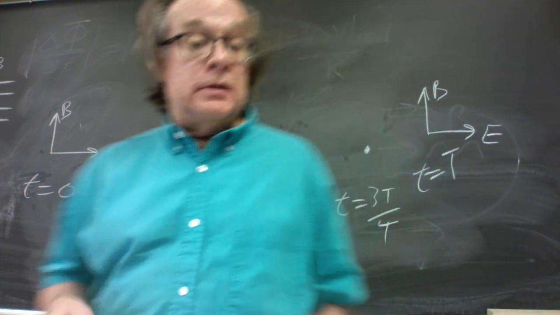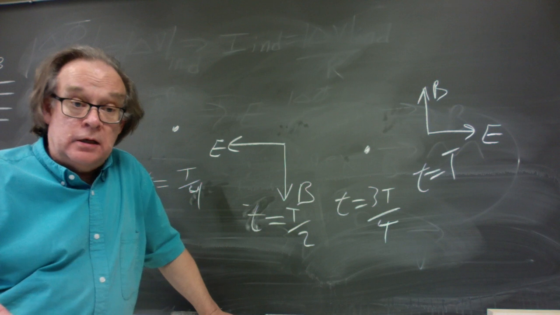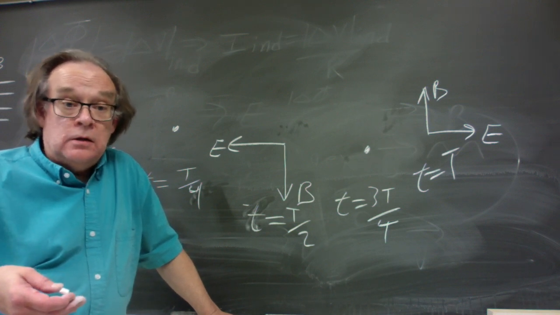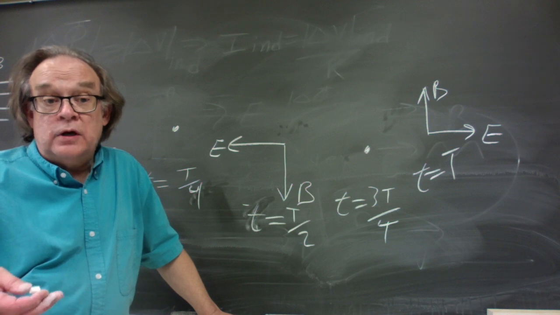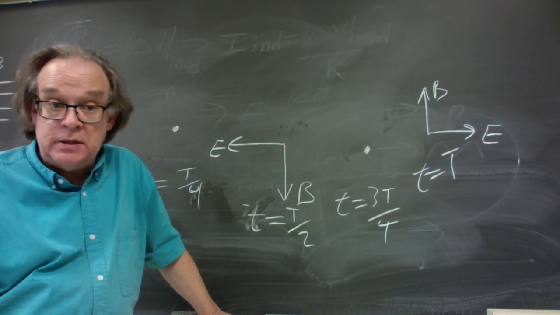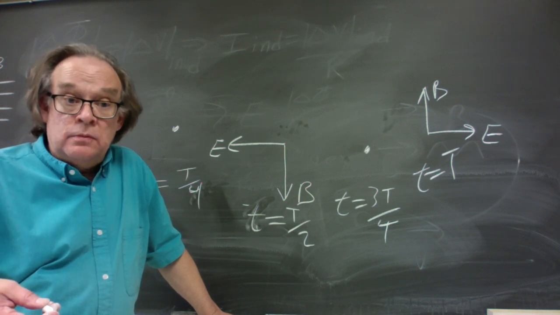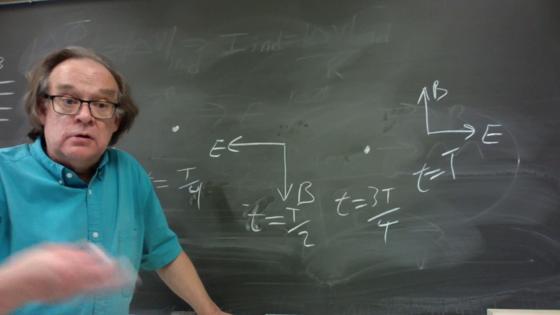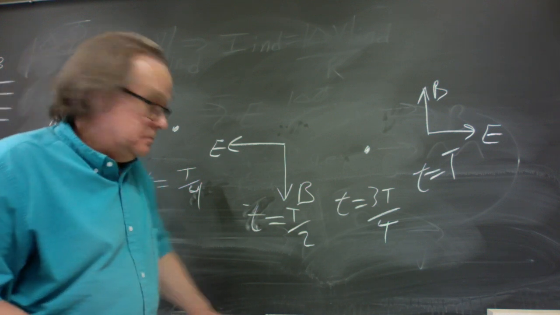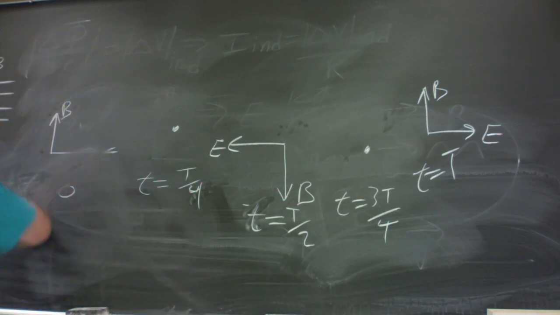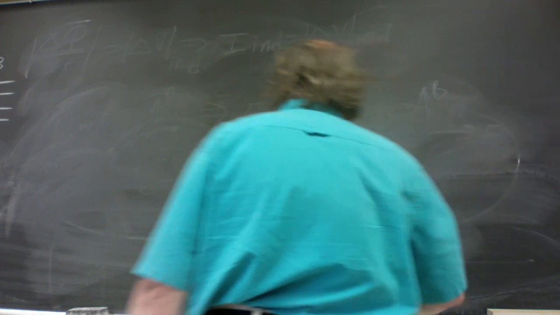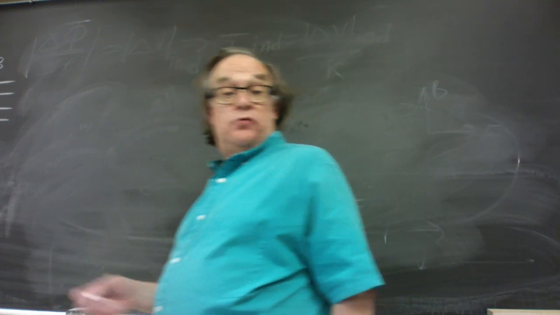One last thing, not surprisingly, the magnitude of an electric field and the magnitude of a magnetic field are related, which is not surprising because the electric fields are caused by changes in the magnetic field and vice versa. Specifically, the relationship is pretty straightforward.